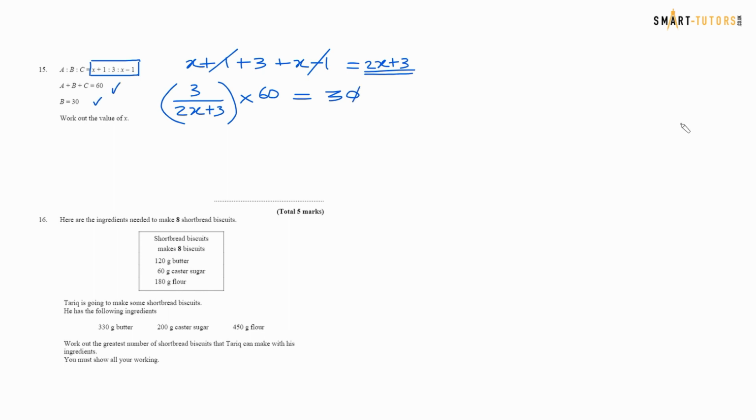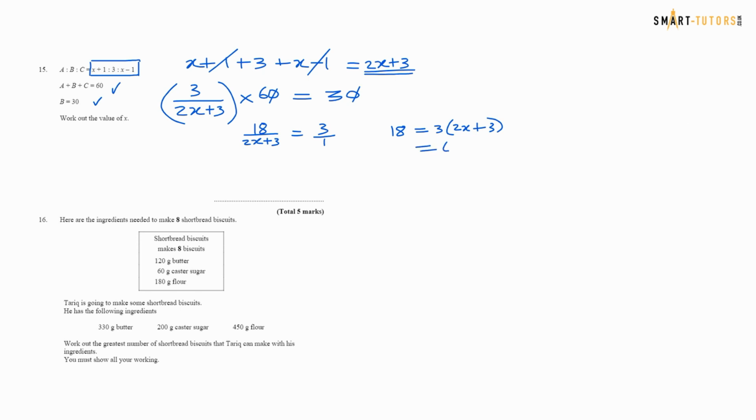So 0 and 0 is cancelled. 6 times 3 is 18 over 2x plus 3 equal 30. Now 30 over 1, cross multiply. So 18 times 1 is 18 equal 3 times 2x plus 3.